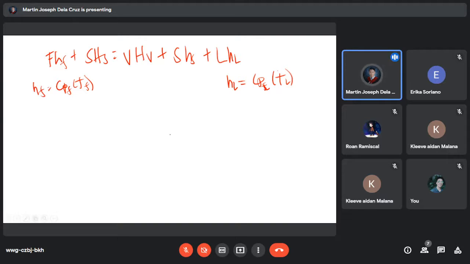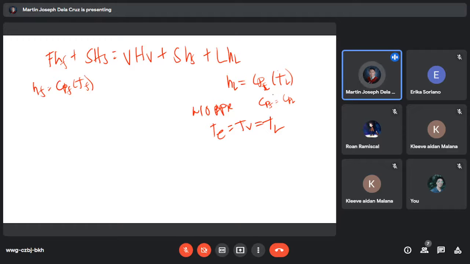So, you take note class na pag without boiling point rise, temperature of your evaporator is also your temperature of your vapor is equal to your temperature of your liquid. And sometimes class, CPF is equal to your CPL. Mostly pala, kasi bihira lang yung binibigay yung CP ng feed at saka CP ng L. Mostly sa crystallization siguro yun.